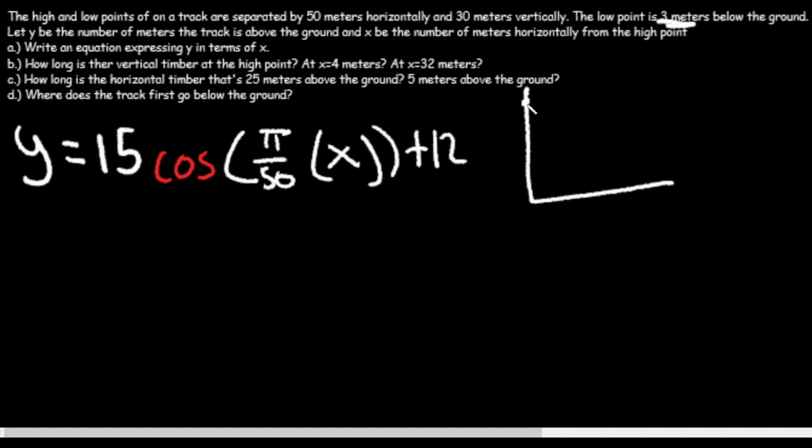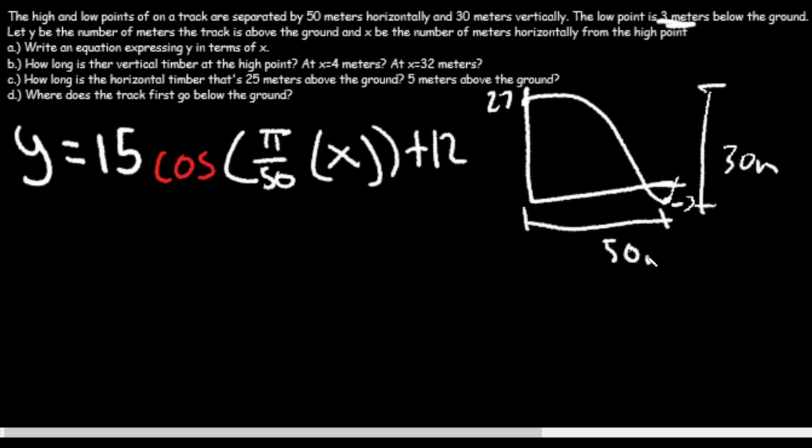It starts right here at the high of 27, as you can see from the graph, and goes down like that. This is -3 at this point, and from the high of 27 this total is 30 meters. And right here is 50 meters. So this high point is 27. That's only the first part.